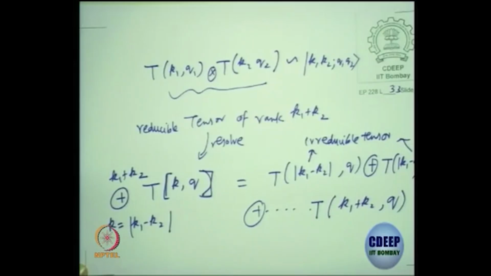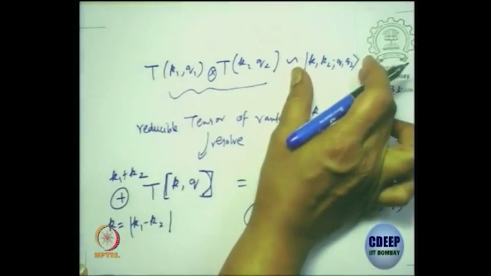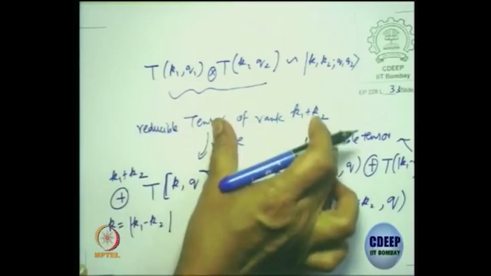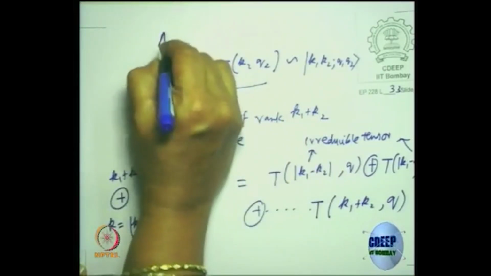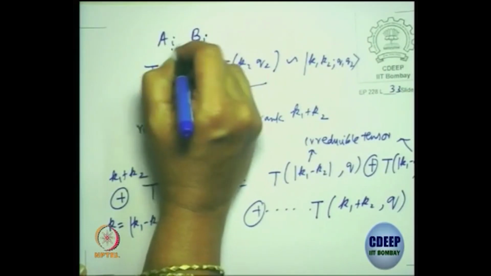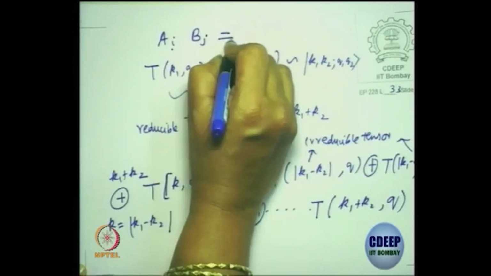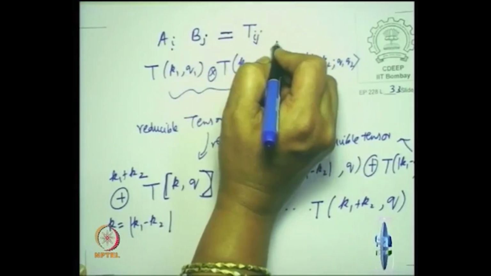Okay. So this piece, when I just take a product like an uncoupled state, that's considered to be a reducible tensor. This is exactly what we did. We took an A i and a B j. This was rank 1, a vector A i and a vector B j, the components. And then I wrote formally this as some tensor of rank 2.